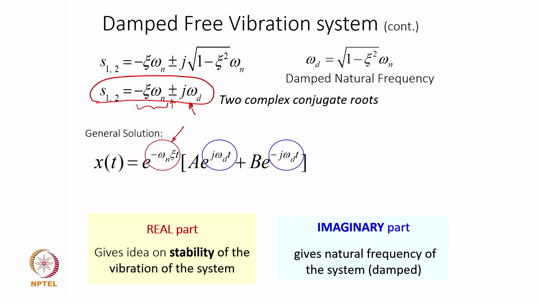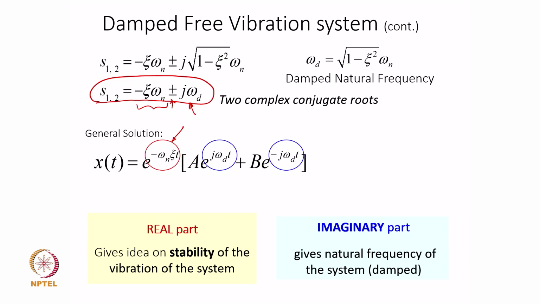And if you have all the roots with a negative real part, then the system is stable. So, it is an important activity in vibration analysis to carry out eigenvalue analysis.